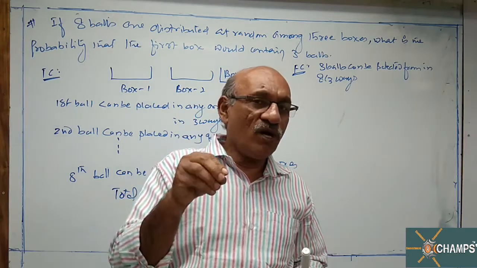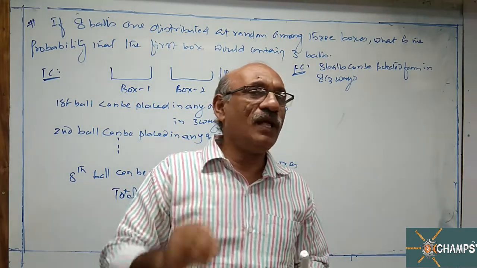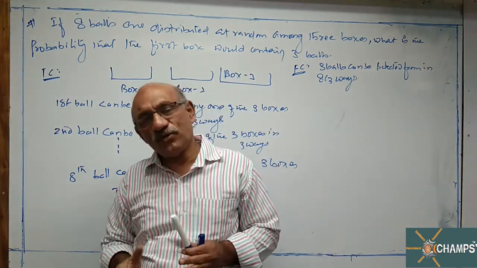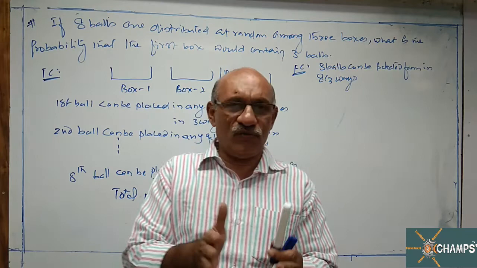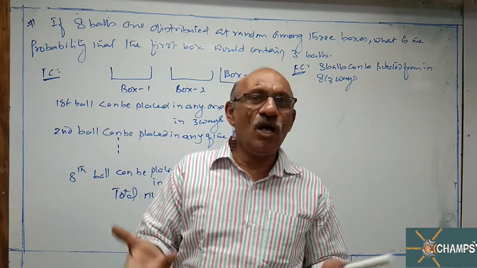Therefore, the balls which I want to put in box number 1, I have to select from the given number of balls. Again I am repeating, sir. In box number 1, I have to put 3 balls. Any 3 balls I can put. There is no restriction at all.